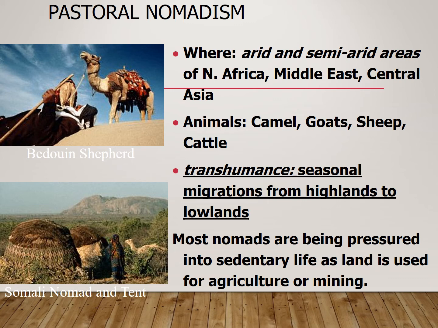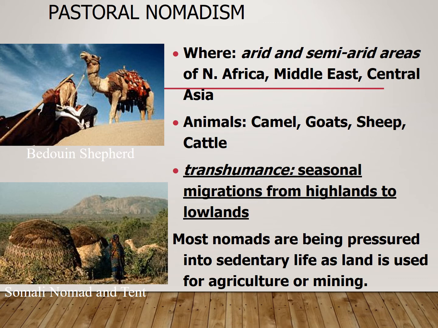Here you have a Bedouin shepherd. Some of the animals that are consistently a part of this are camels, goats, sheep, and cattle. You know that term transhumance. Make sure you remember that one. Again, that's where a pastoral nomad may do some agriculture and then during a certain part of the year take their animals somewhere else to graze because they've run out of forage.